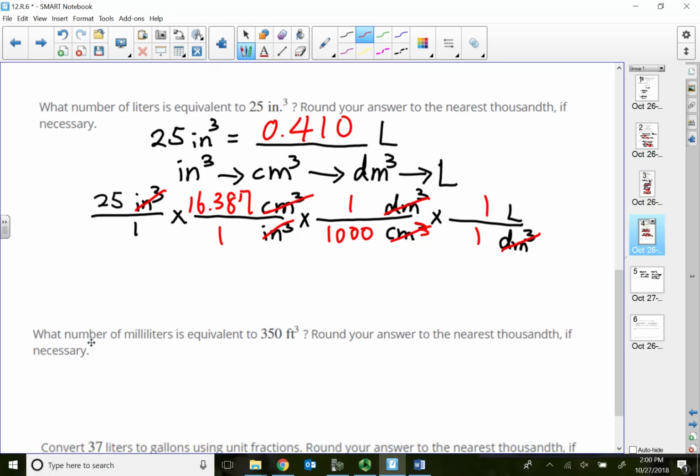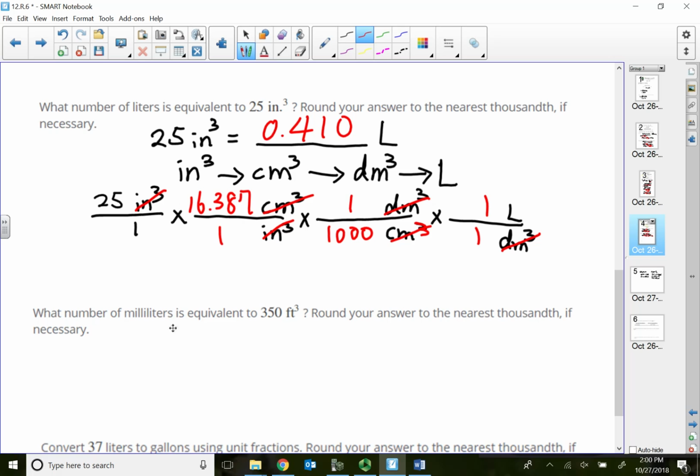Alrighty, let's see. What number of milliliter is equivalent? This is strange, this is not even volume. This is actually a capacity. 350 cubic feet is equal to how many milliliters of capacity?